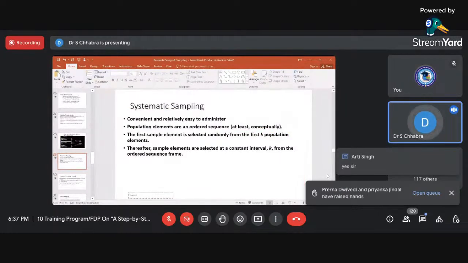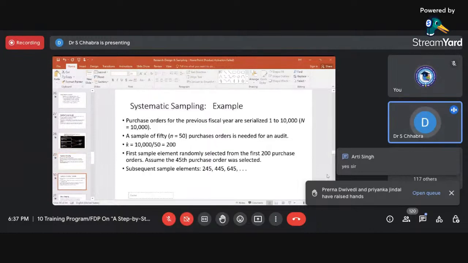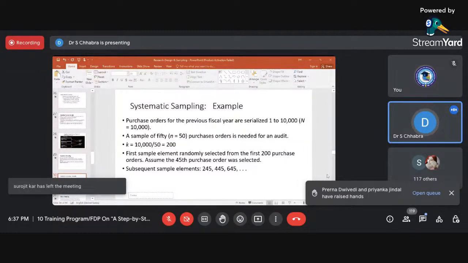Then I come to a systematic sample. Systematic sample is simple. Let me explain it with an example. I have to pick a starting point. Say I have a list in my hand of a society which has 500 flats, and I want to do research on that society. So I have a list of the owners of those 500 flats.